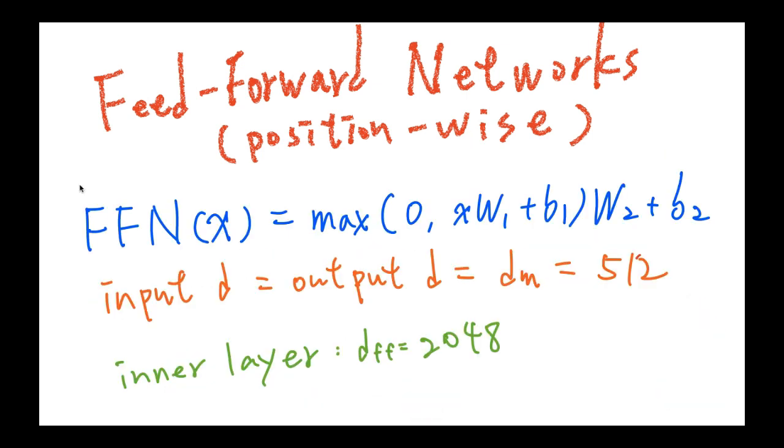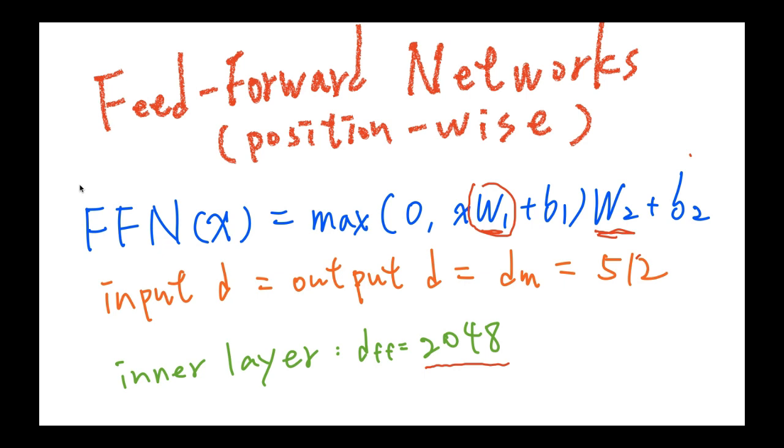Because you actually have two fully connected layers here, one is W1 and another is W2. We call W1 the inner layer. In the transformer architecture, the inner layer has higher dimension than the input and output layers. The inner layer has 2048 dimensions, so it basically upsizes your vectors to a higher dimension.